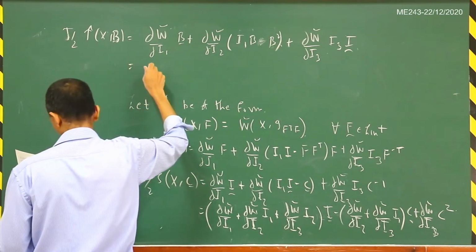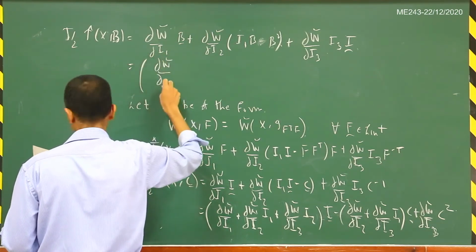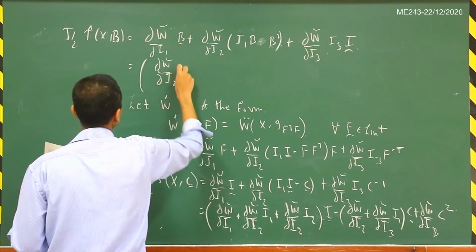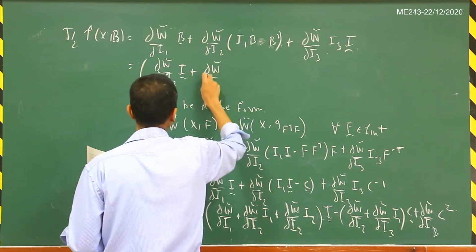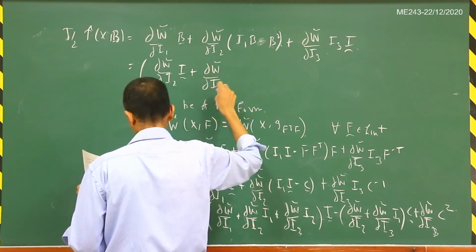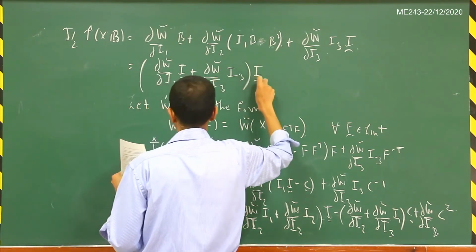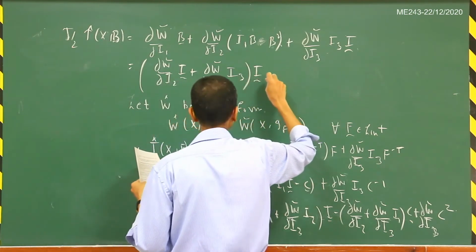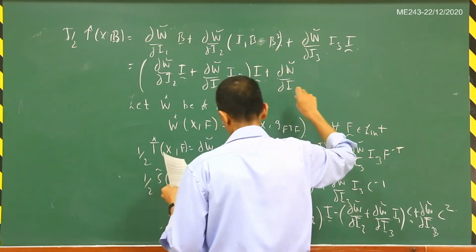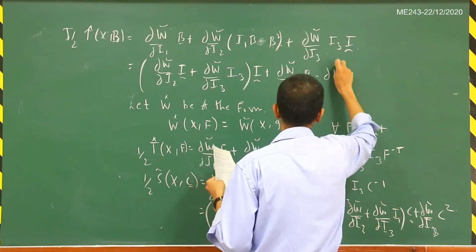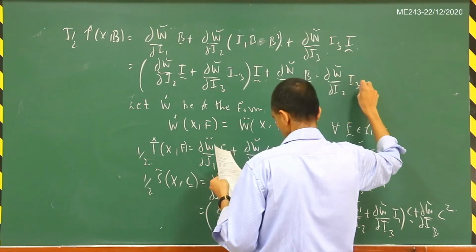So we can also write this as del W by del I2 times I plus del W by del I3 times I3 times I plus del W by del I1 times B minus del W by del I2 times I3 times B inverse.